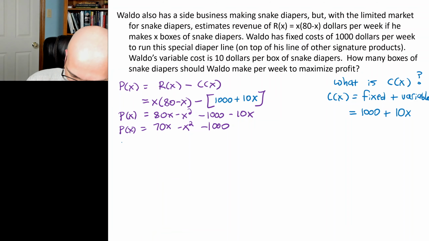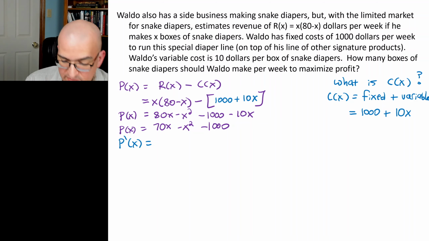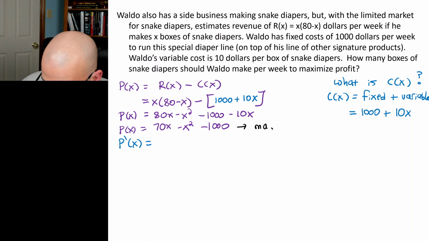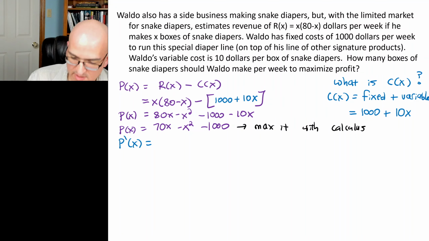So let's find P prime. We're going to take the derivative because we want to maximize it. We're going to do calculus. We're going to max it with calculus. So P prime of X: derivative of 70X is 70, derivative of X squared is 2X, and derivative of 1,000 is 0.